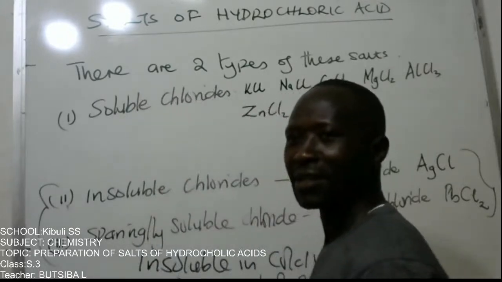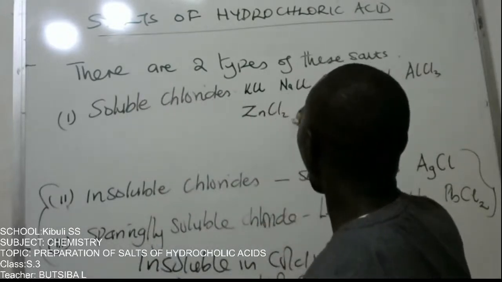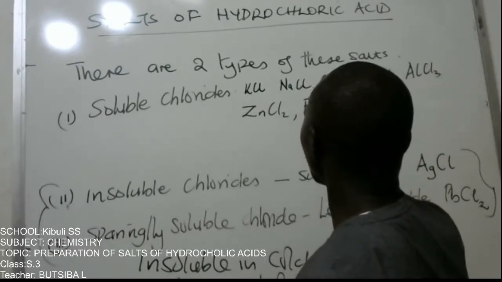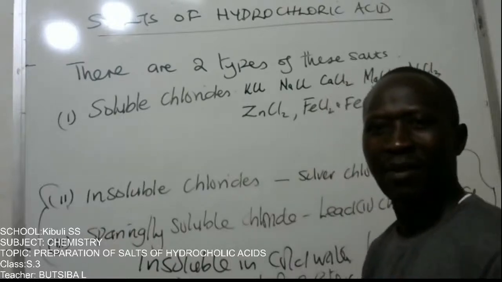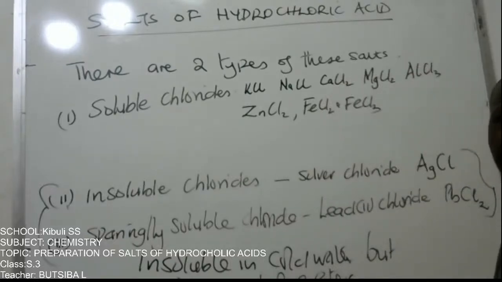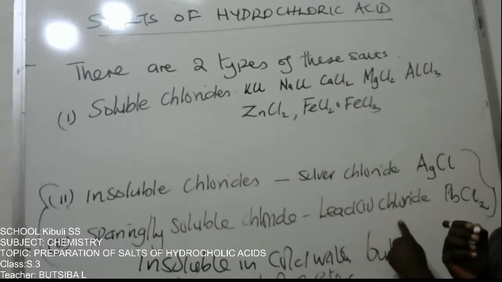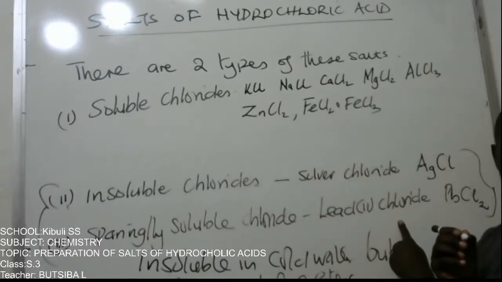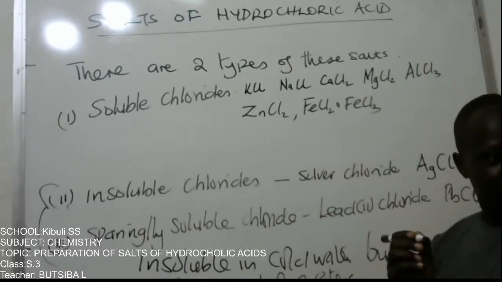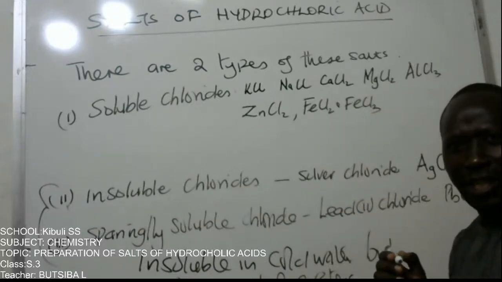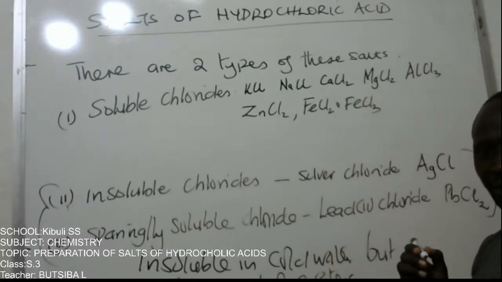After zinc chloride, iron, and we have two types of iron: iron 2 chloride and iron 3 chloride. What follows next after iron is lead, which is out of the system. From lead, we come to hydrogen. Hydrogen chloride, we already know it. But since hydrogen is not a metal, we shall not call it a salt. So we leave that one.